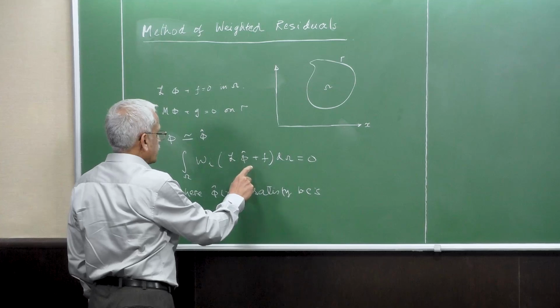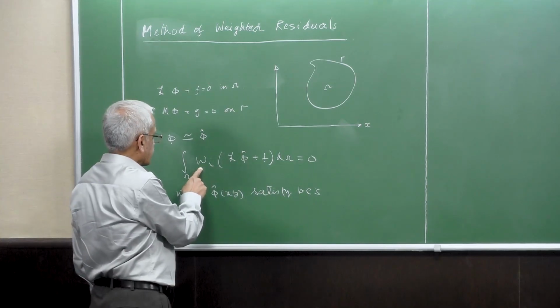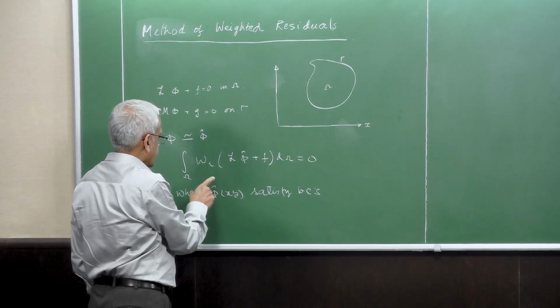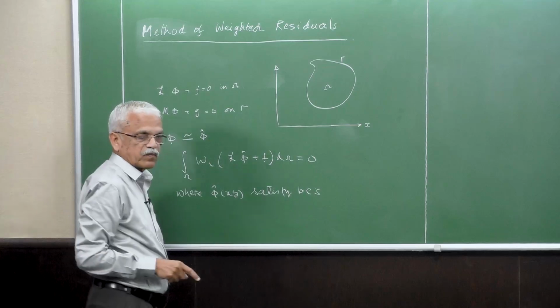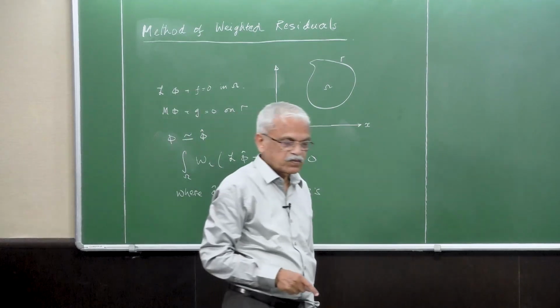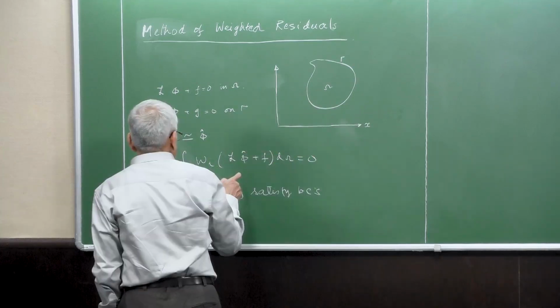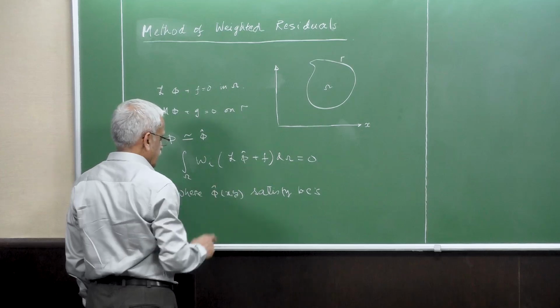And then what we do here is that it is pre-multiplied with another function wi, and then it is integrated over the domain omega, and then we said that this should be 0. In the limit, obviously phi hat is the solution, so this is going to be 0.